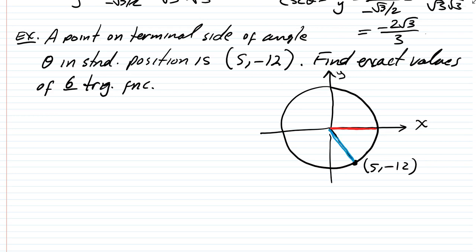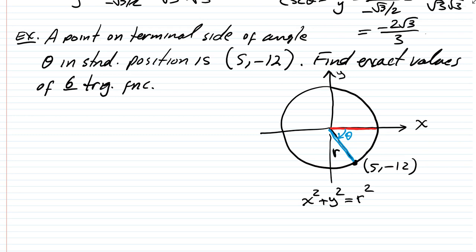So this is the initial side of the angle, and the terminal side is this one. All right, so the measure of the angle, this would be theta, a negative angle, right? Whatever that angle is, I don't really care for it. This point P, by the way, is on a circle of radius r, isn't it? And we can find the radius of the circle. The general form of a circle centered at 0, 0 with radius r is this.